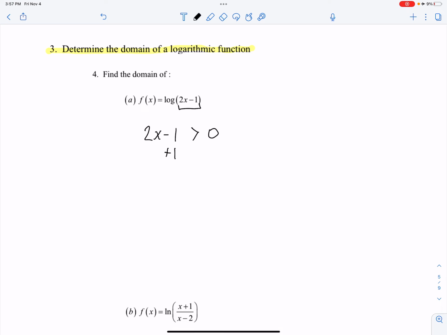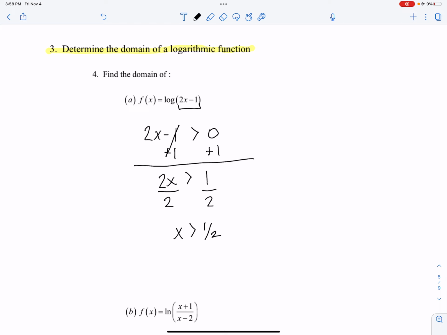Inverse operation, add 1. We're left with 2x greater than 1. And if we divide by 2, we're left with our x values must be greater than 1/2. And how do we write that?